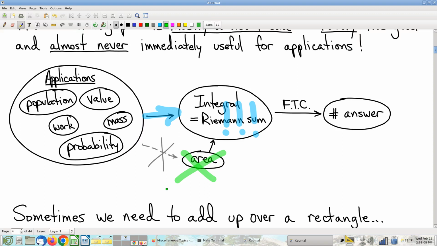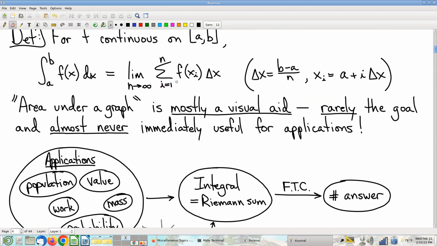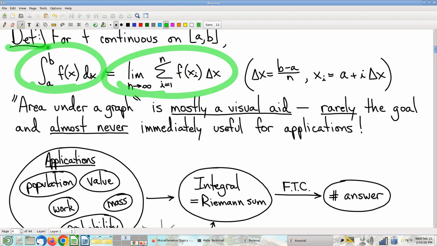I can rewrite mass as an integral. I can compute it. No area to be discussed. All right. Okay, so very importantly, integrals are Riemann sums. Integrals are Riemann sums by definition, as represented here.